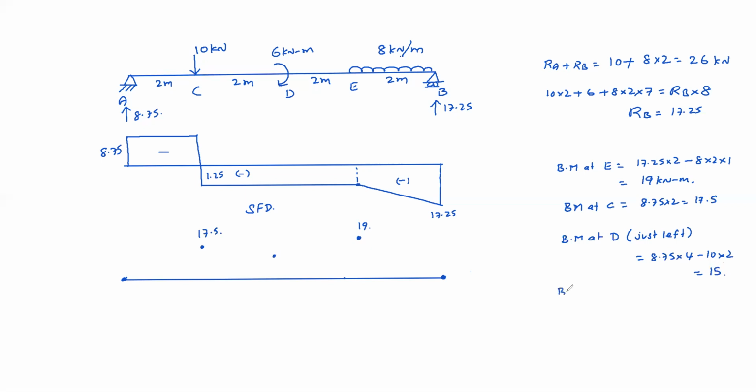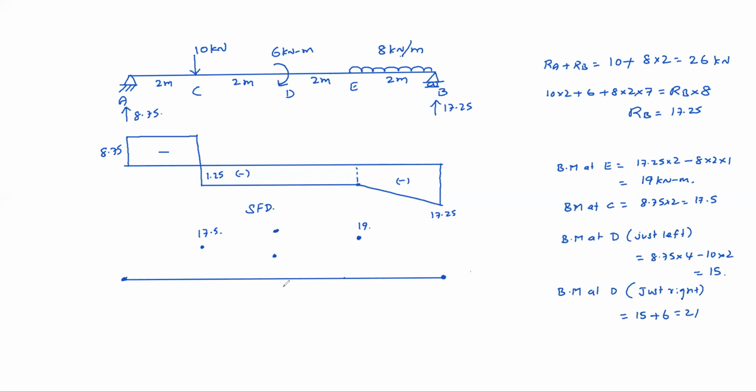Just right, bending moment at D equals that 15 plus 6 also. That also needs to be considered. Okay, 21. Sudden jump you can observe at D.